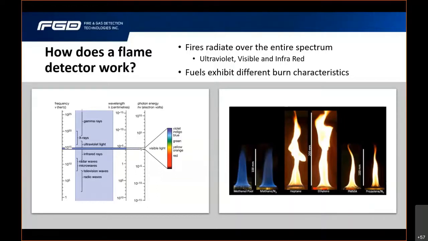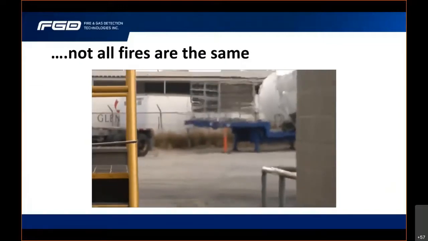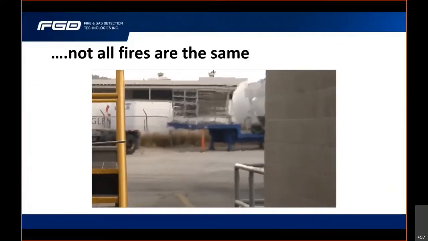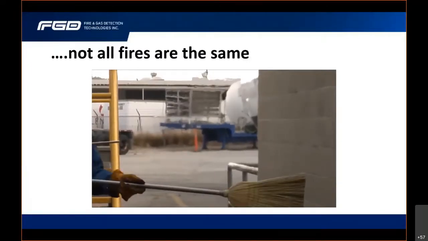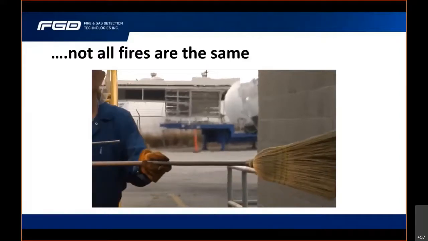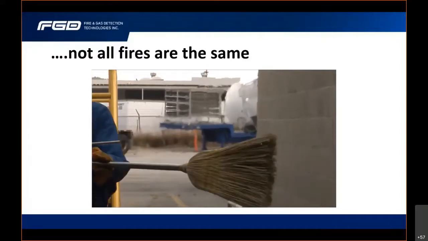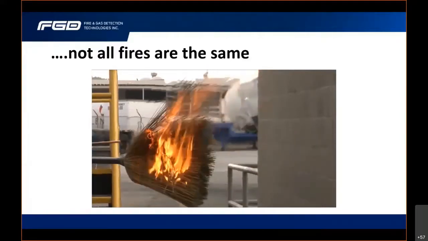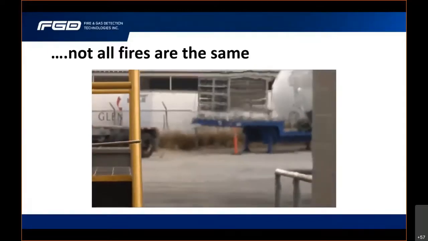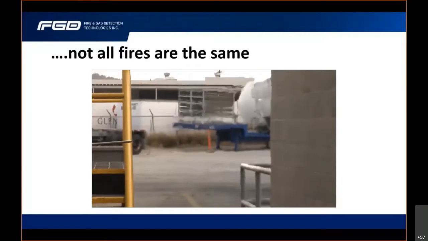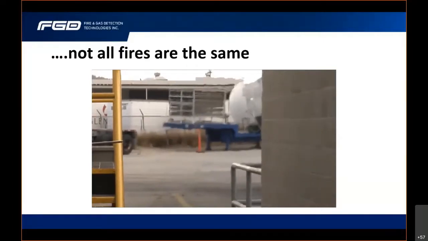On that exact same theme, not all fires are the same. Here we have a heat shimmer. That is actually a hydrogen flame that is burning. Here you can see the gentleman come along and just use a brush to prove that there was a burning flame. We can see with our own eyes that the hydrogen fire itself during daylight is virtually invisible to the naked eye.